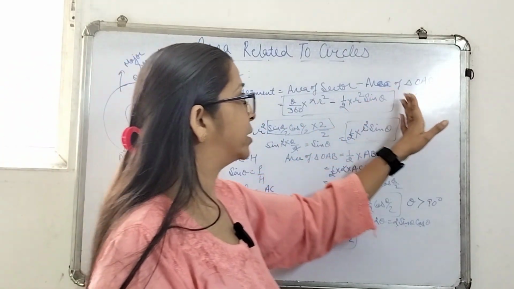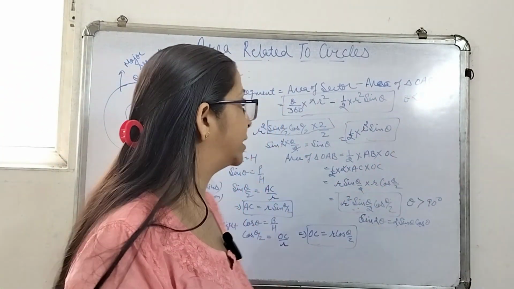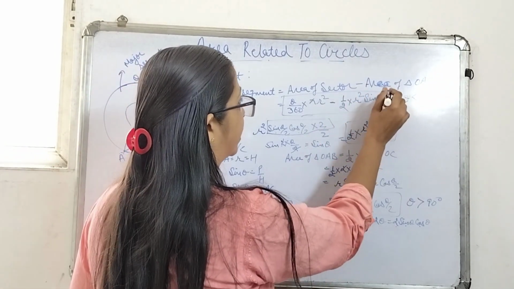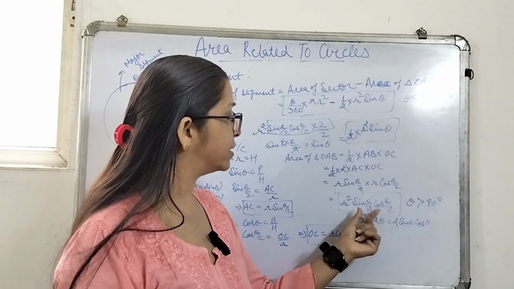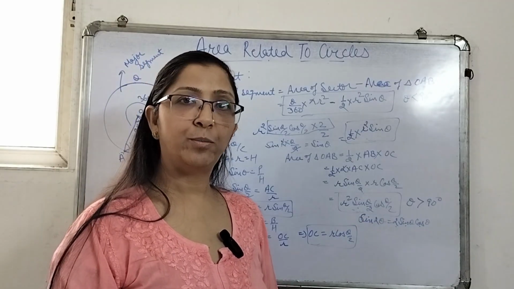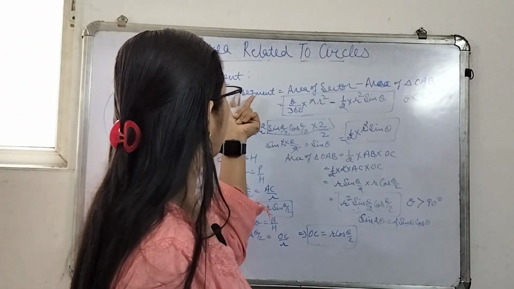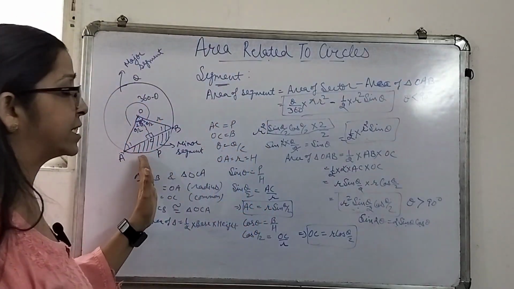This is the case when theta is less than 90 degrees. And if theta is more than 90 degrees, instead of this we use the area of the triangle as r square sine theta by 2 cos theta by 2. Hope it is clear. This is the area of your segment, that is, your minor segment.